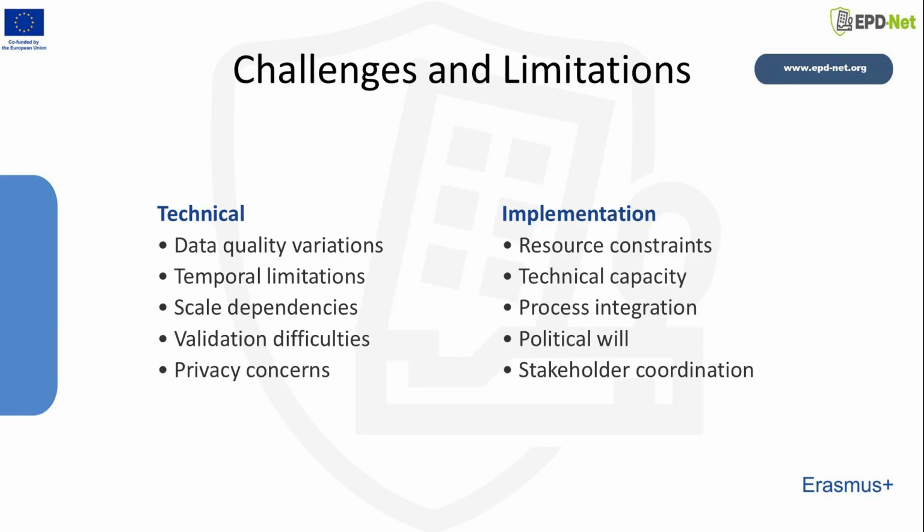Despite advances in GIS technology and vulnerability assessment methodologies, several challenges constrain urban vulnerability mapping. Technical challenges include data quality variations across contexts, with many developing countries lacking spatial datasets for vulnerability mapping. Temporal limitations constrain dynamic assessment, as analyses rely on static snapshots failing to capture evolving risk landscapes as populations, built environments, and climate conditions change.